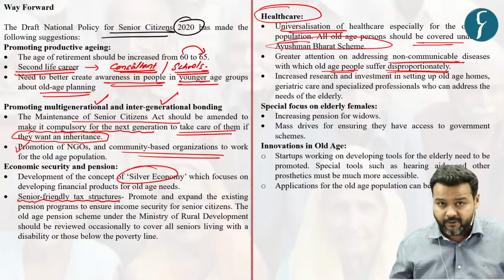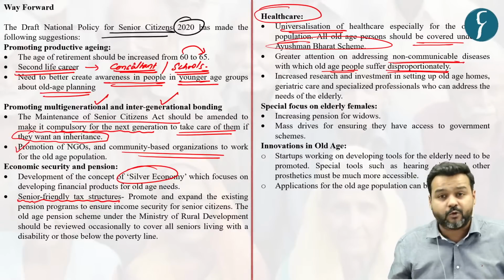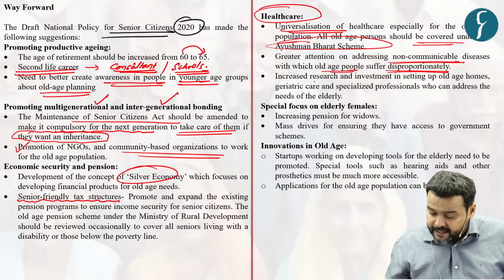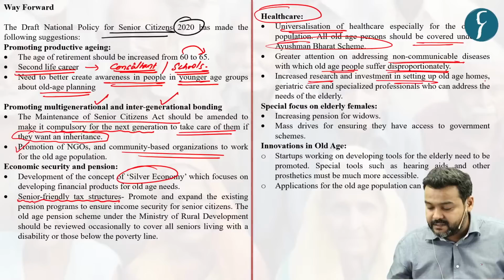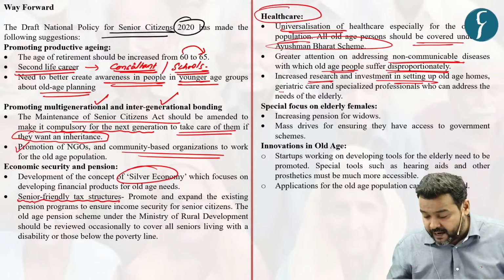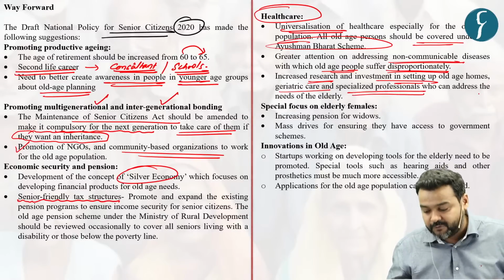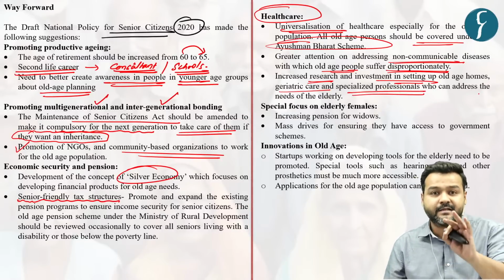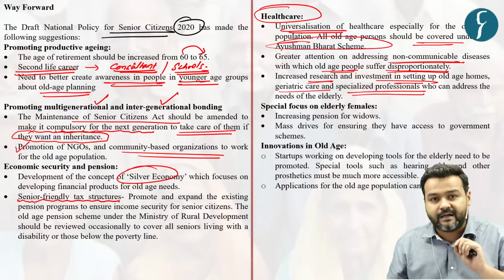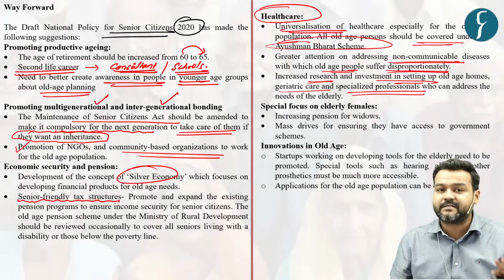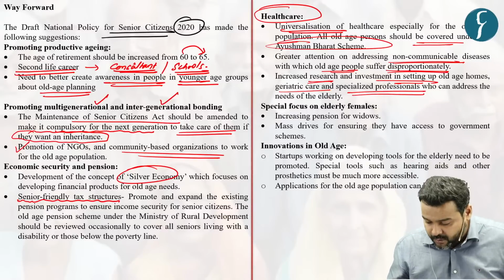Then increased research and investment in setting up old age homes, geriatric care, and specialized professionals who can address the needs of the elderly. It should not be a generalistic hospital or a treatment home.